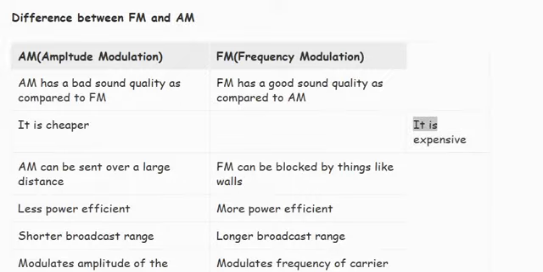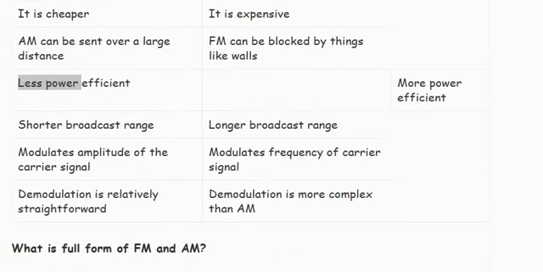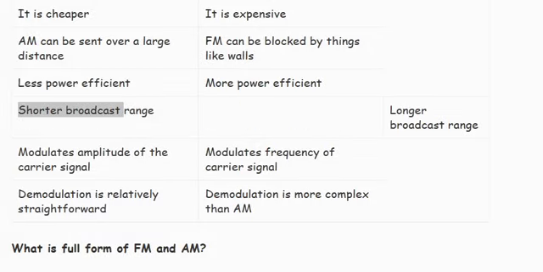FM is expensive. AM can be sent over a large distance. FM can be blocked by things like walls. AM is less power efficient. FM is more power efficient. AM has a shorter broadcast range. FM has a longer broadcast range.